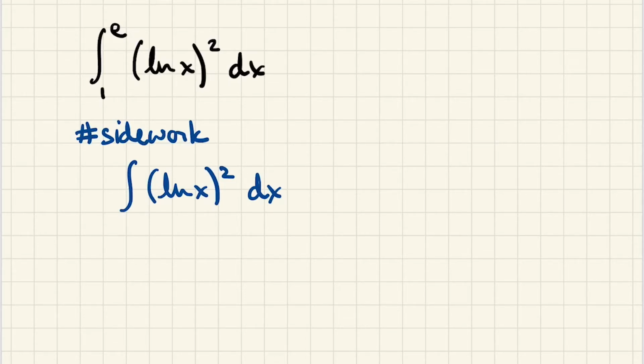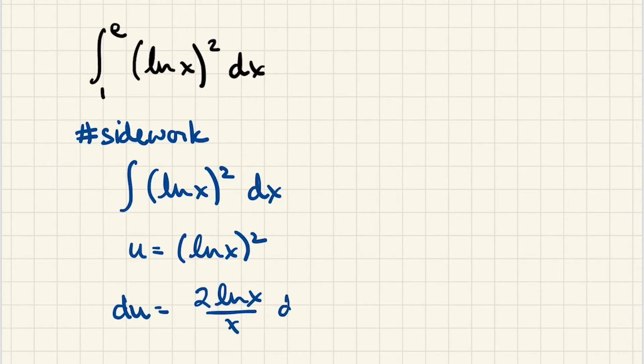Okay, so there's a couple ways you can approach this. First, you can do a u substitution to clear out that natural log, but since it was suggested just to go right in and do integration by parts, let's go and do that right now. So here we're going to let u be ln of x squared. So du is going to be 2 ln of x over x dx.